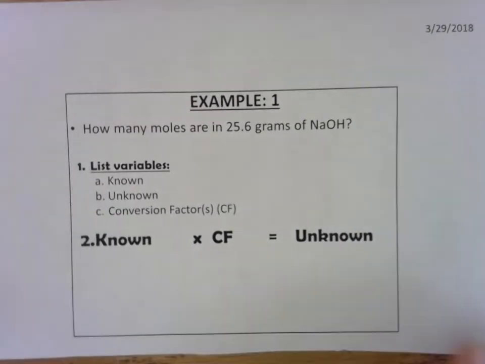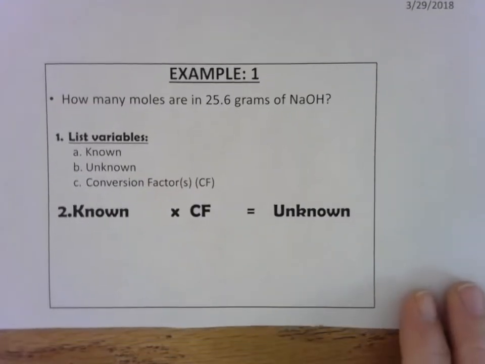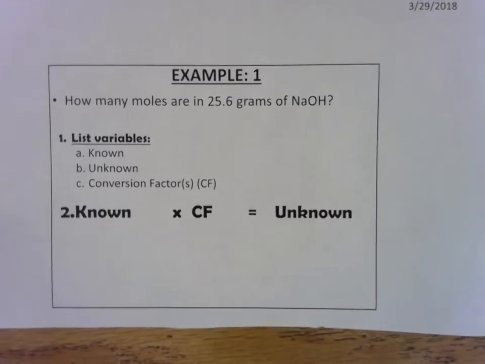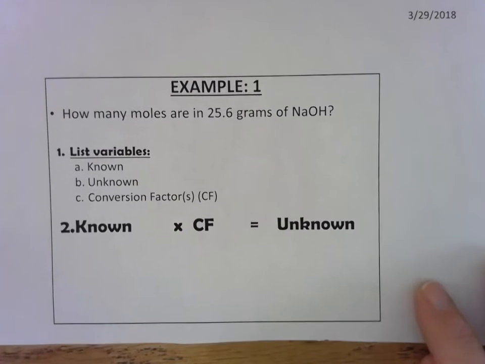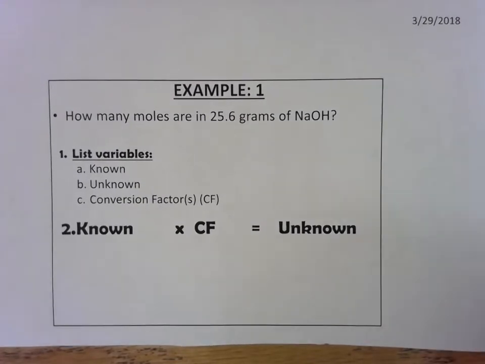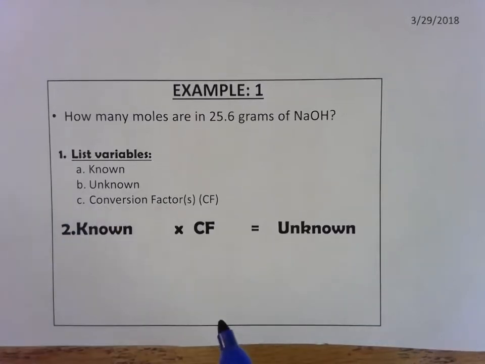Alright, example number 1. I would like you to write the question, which is: how many moles are in 25.6 grams of sodium hydroxide? The variables: the known is whatever we are given.